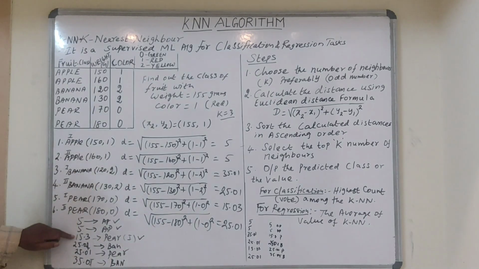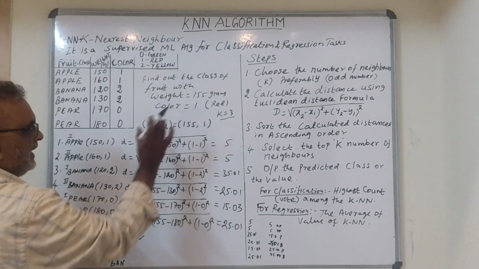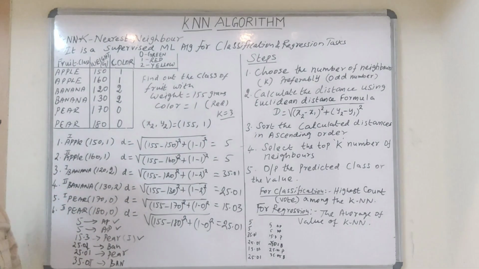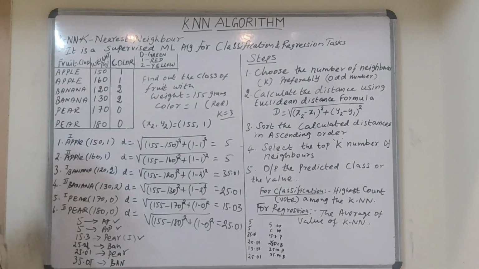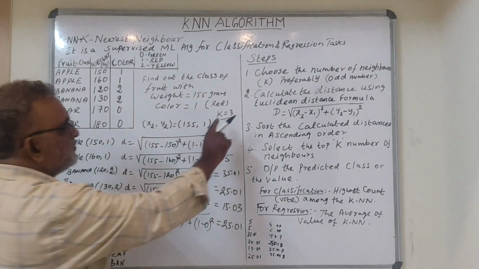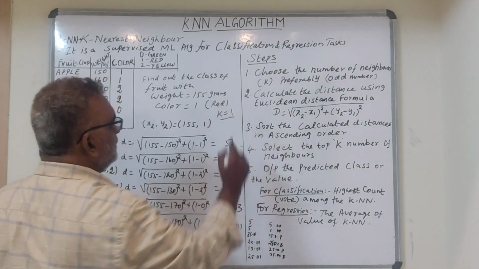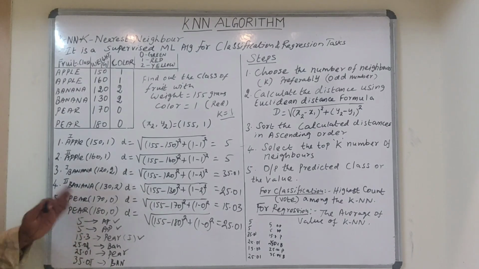Which one got the maximum count? The apple got the maximum count. So the given data belongs to the fruit class apple. Suppose k is equal to 1, we consider the first value only. That is also apple.